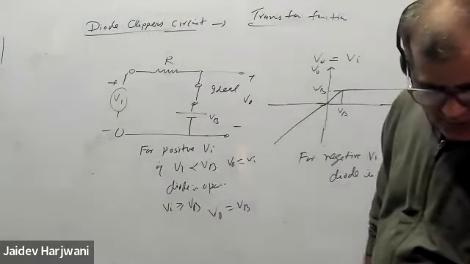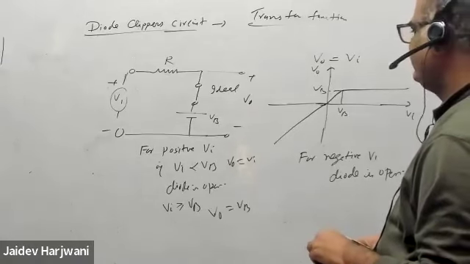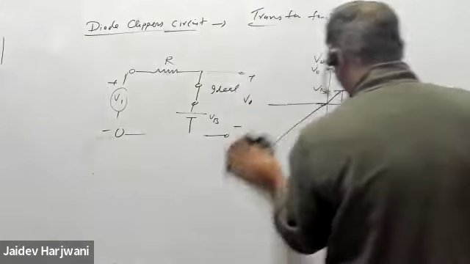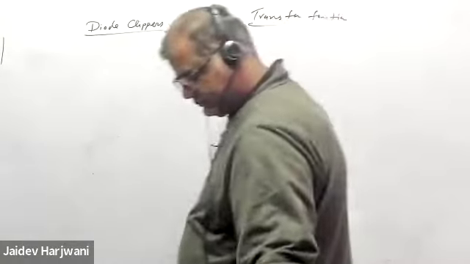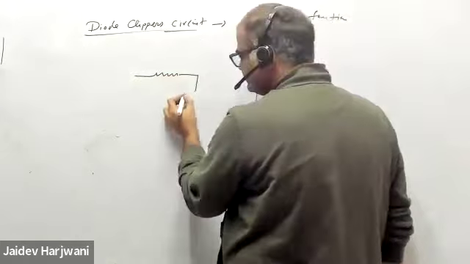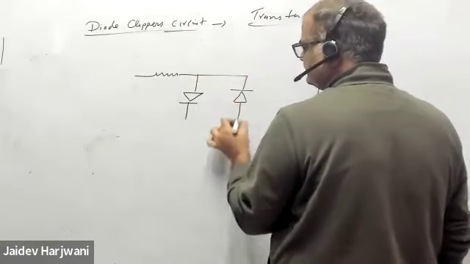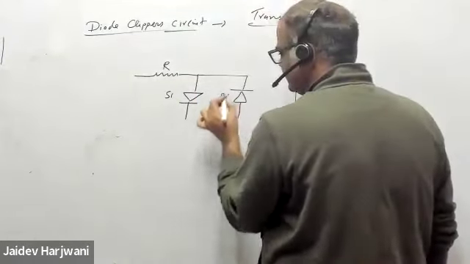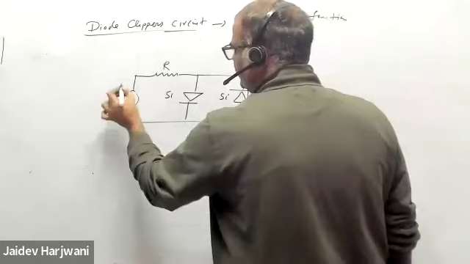Okay. Let us do one more problem. R, this is silicon, plus minus Vi.